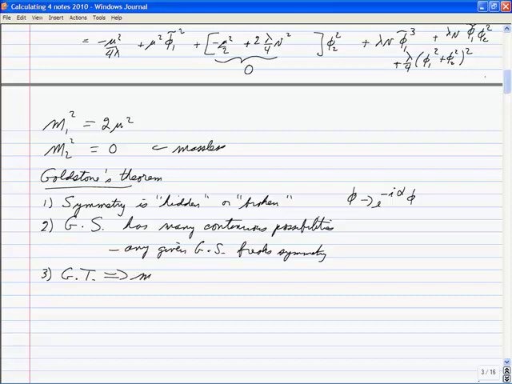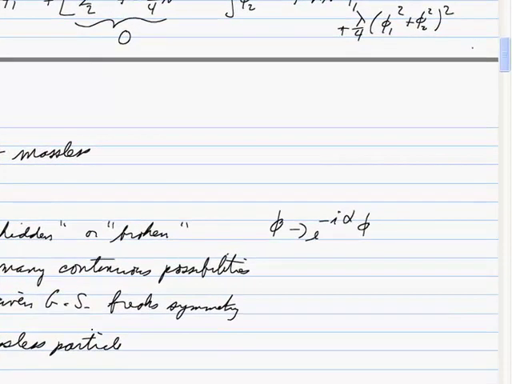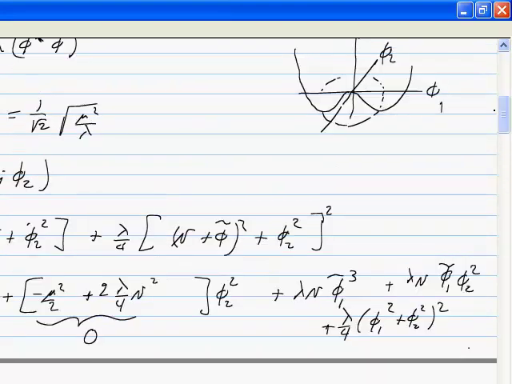Goldstone's theorem implies that there's a massless particle. So associated with the breaking of any continuous symmetry, there's a massless particle. The logic of the ultimate proof, if you try to make it a mass proof, is just what we're saying intuitively: since excitations along the symmetry direction can't cost you any energy, there can't be any mass term associated with it. They have to be arbitrarily low energies if I excite along the direction of the symmetry.